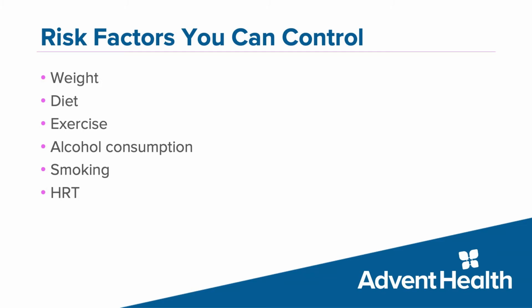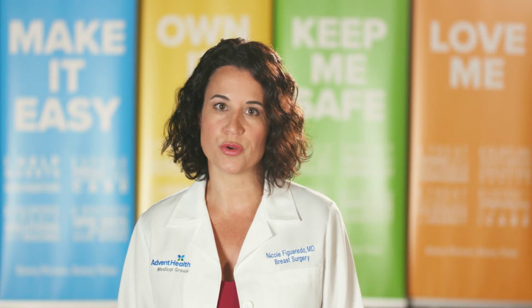The good news is there are risk factors that we can control. For example, being overweight may increase your risk for certain types of breast cancer. The fat cells in our body may cause an increase in production of estrogen and progesterone, which can therefore stimulate the breast and increase the risk for hormone-driven breast cancers. It is important to maintain a healthy weight and body mass index for your age.